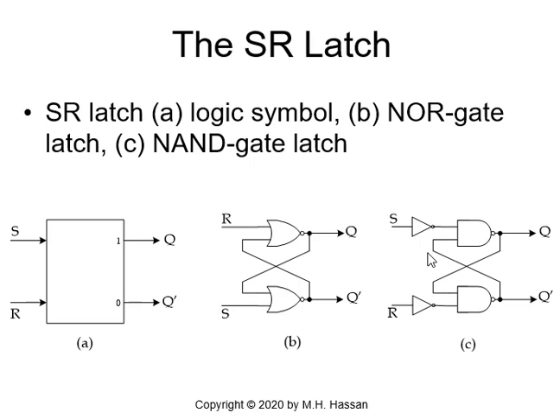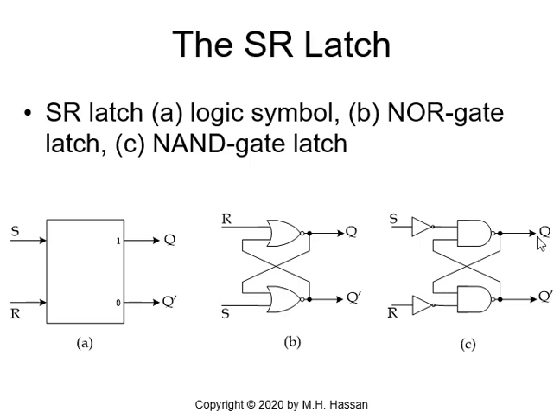So S prime will be equal to 1, and R prime will be equal to 1, too. Okay? So we are applying 1 to the upper NAND gate and 1 to the lower NAND gate. Let me assume Q to be 0.